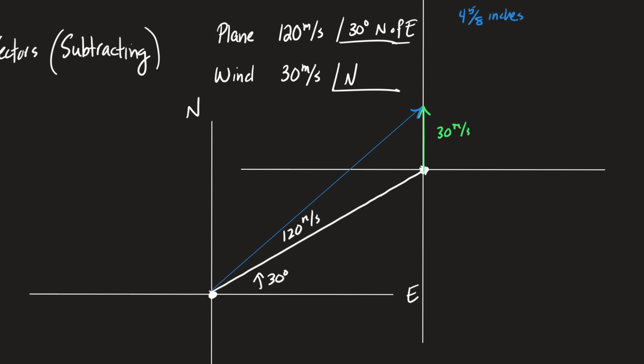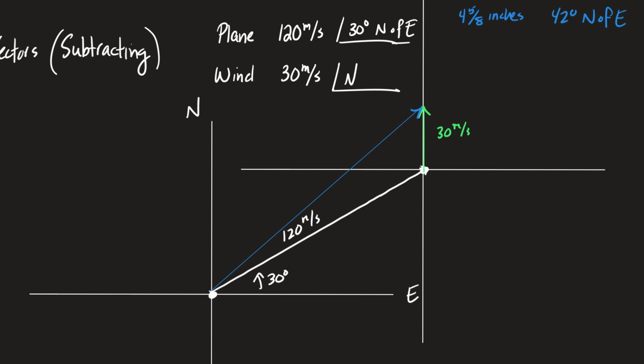I'll have to convert that to my scale. I also have to measure the angle. And for those of you who are new to using protractors, place my protractor down, make sure it's lined up correctly, make sure 90 is lined up, and I get what looks to be 42 degrees. And that's north of east.